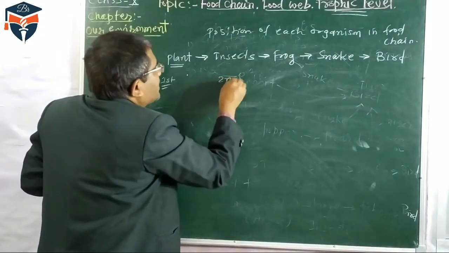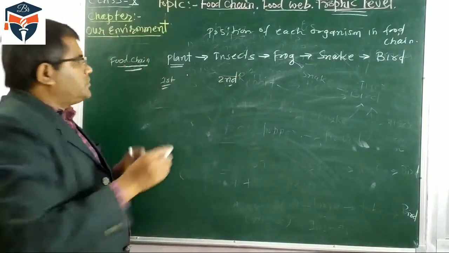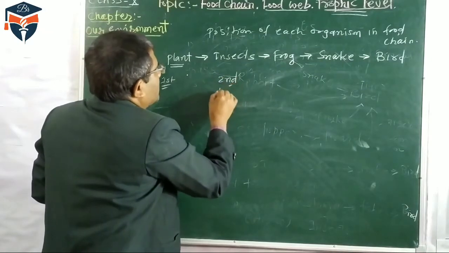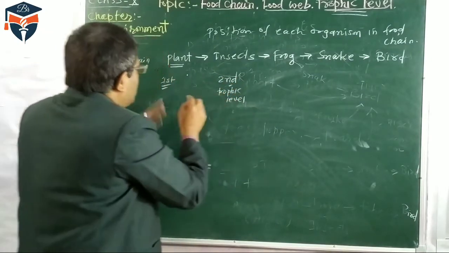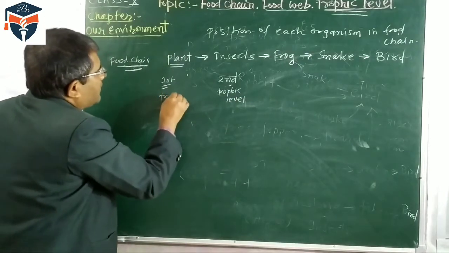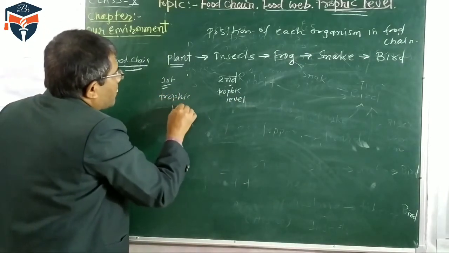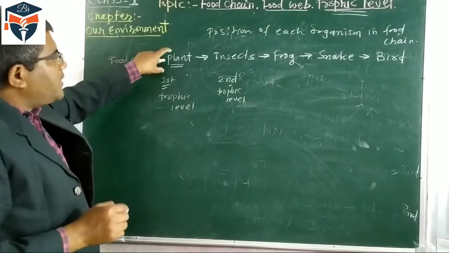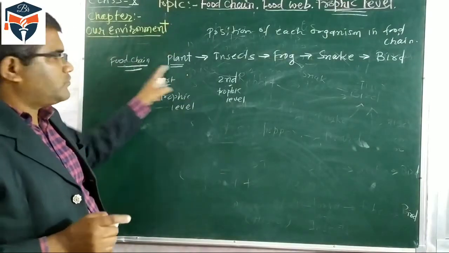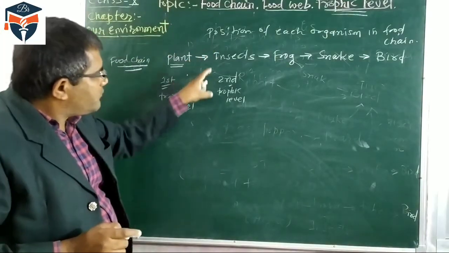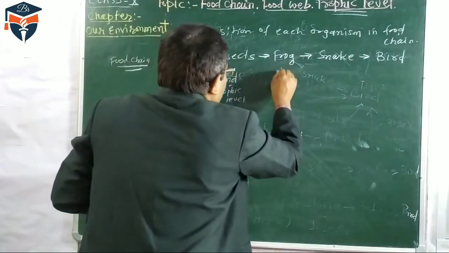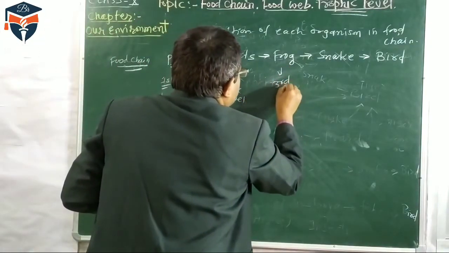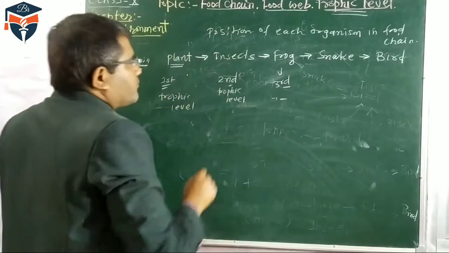So plants come in the first trophic level in this food chain. Insect comes in the second trophic level in the food chain. It shows the plant position is first in this food chain. It shows the insect position is second in the food chain. This frog comes in third position in the food chain.